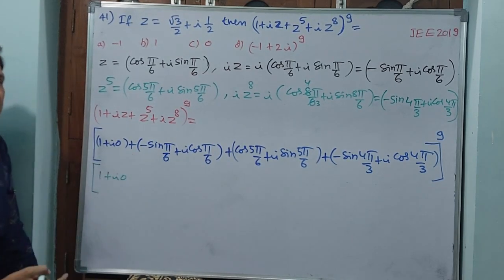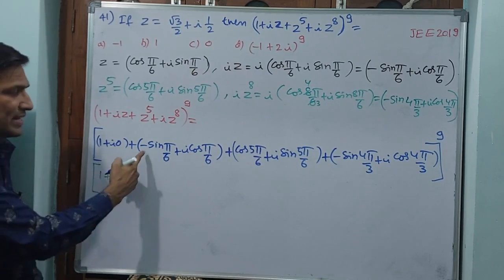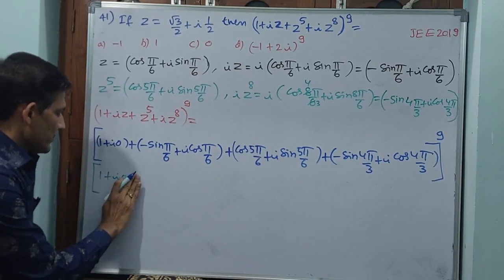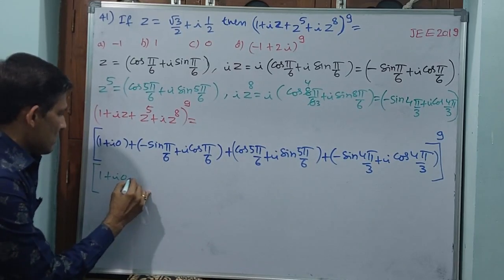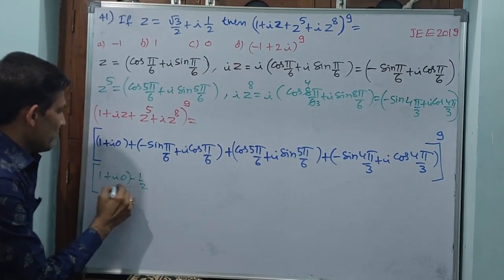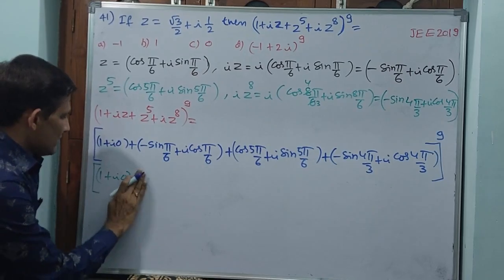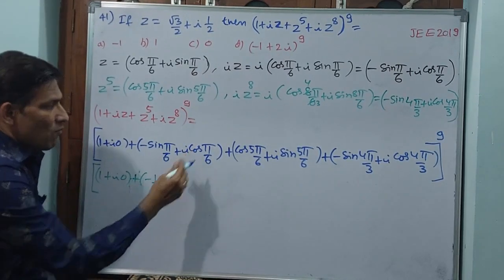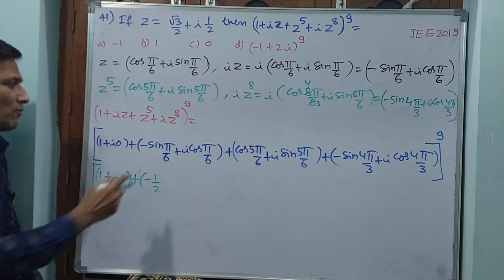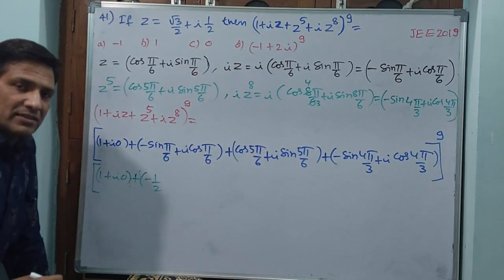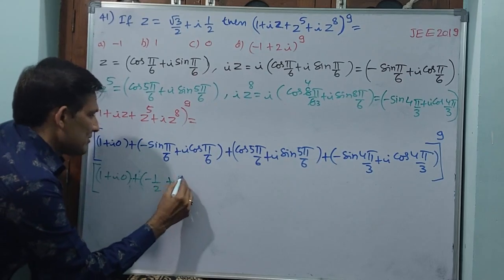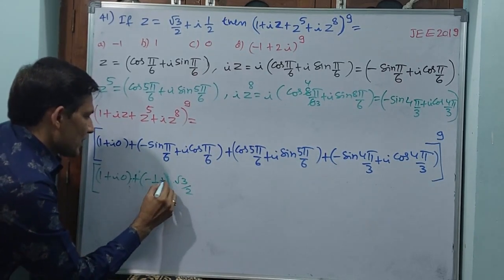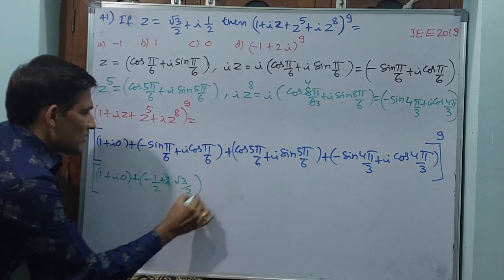What is sin 30? Sin 30 is 1 by 2, minus 1 by 2, plus minus 1 by 2. What is cos 30? Here plus 1 is there. Cos 30 is root 3 by 2, plus root 3 by 2, but you have to write plus i root 3 by 2.